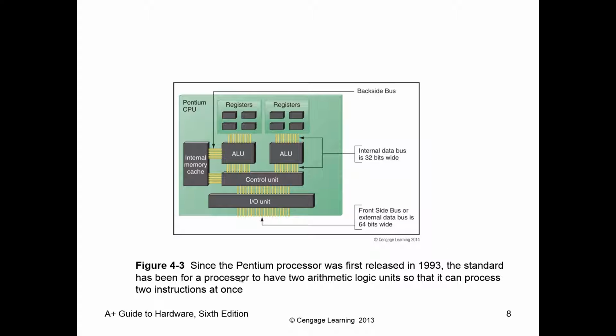Here's an example of a standard Pentium a while back. The yellow connections, those are the buses. Our ALUs and our control unit make up one core. Each ALU has its own set of registers dedicated to it.